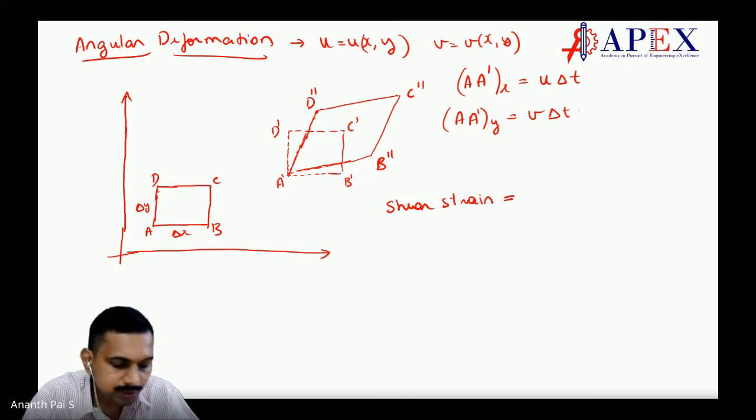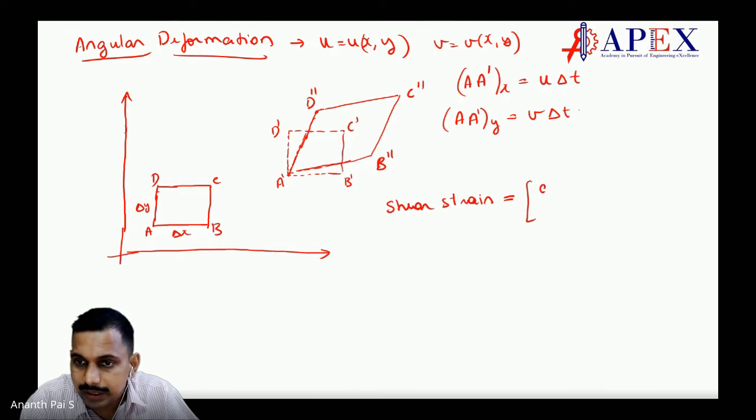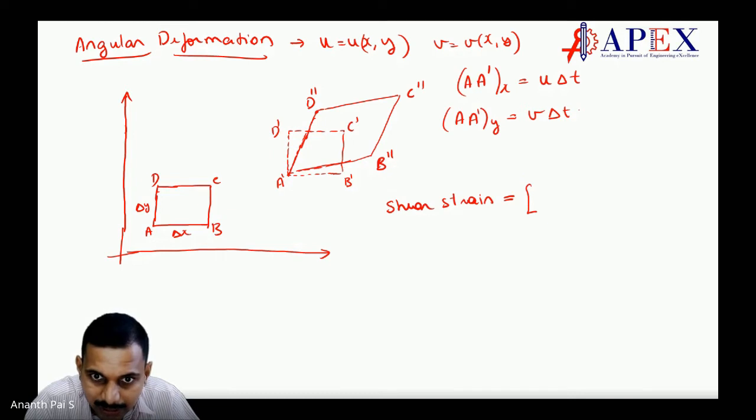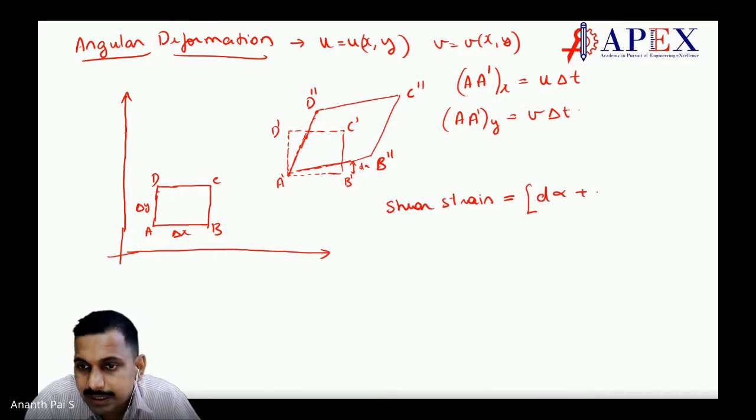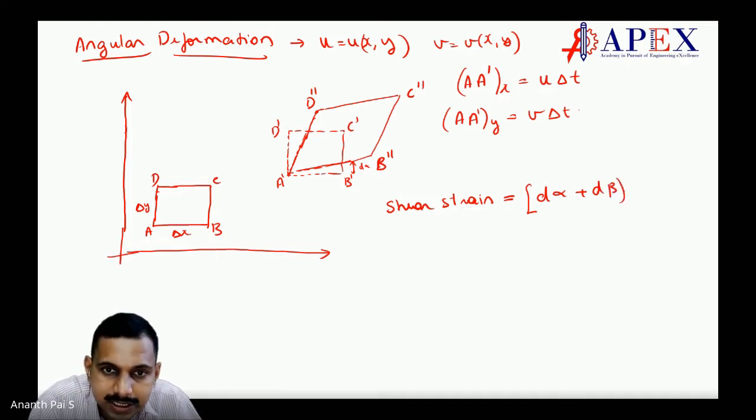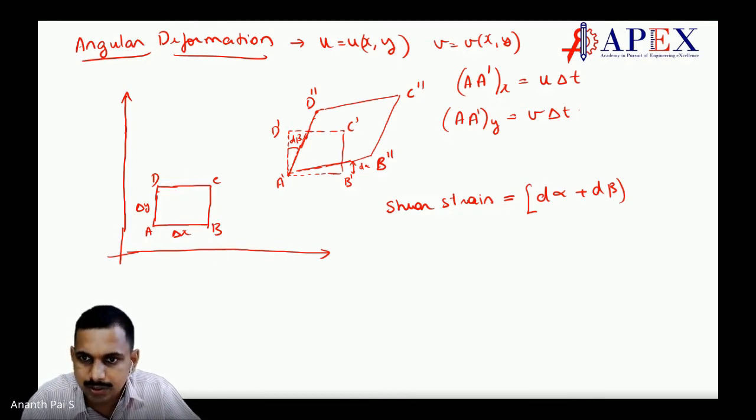If I consider the change of angle here, going with a small deformation because we are taking a small one, say d alpha, and this as d beta, then strain is nothing but the angle, is it not? Shear strain gamma is d alpha plus d beta. This is what we know, is it not? We are adding both the strains.